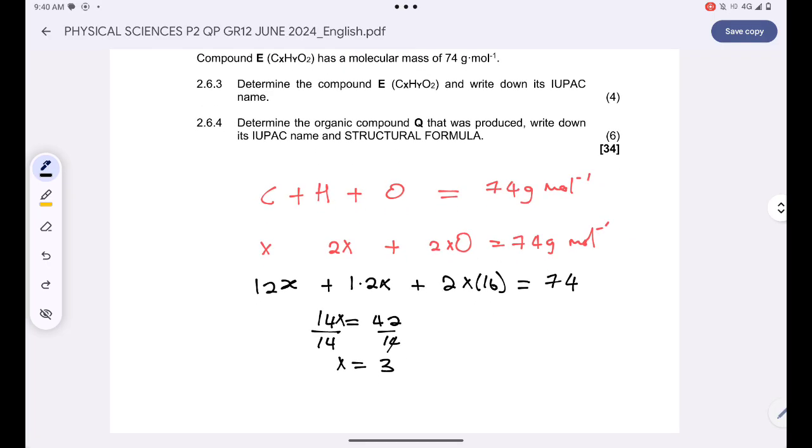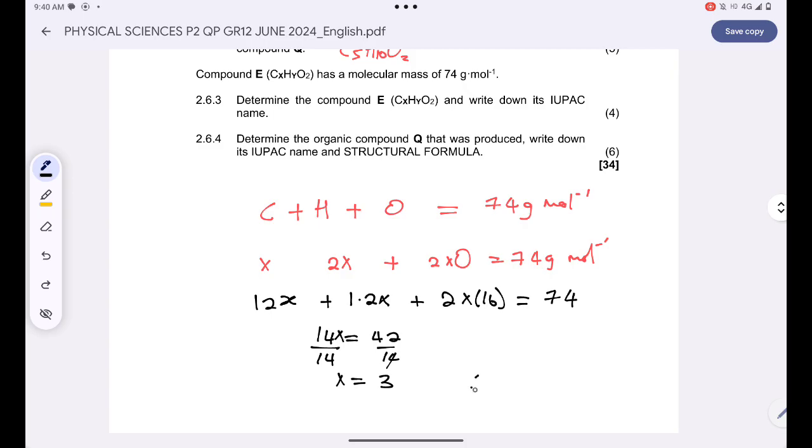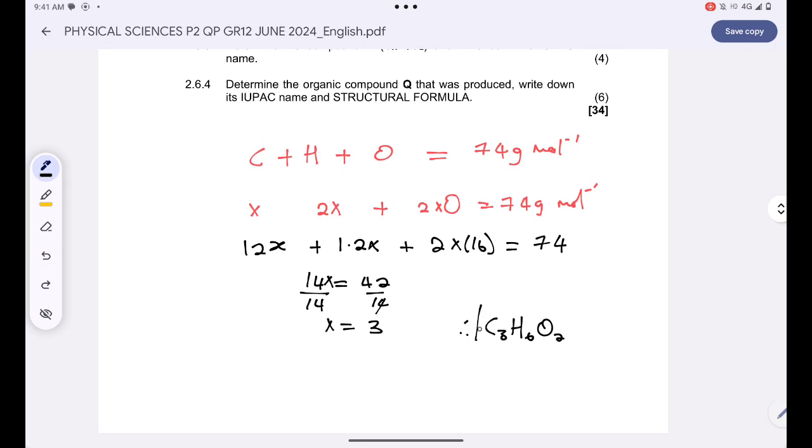Are you together? So if x is 3, that means I have 3 carbons. Remember that the number of hydrogens is always twice the number of carbons in carboxylic acids. So I have 3 carbons and 6 hydrogens, and obviously 2 oxygens, as I was told. Are you together? And since this is a carboxylic acid, I already know this is propanoic acid.